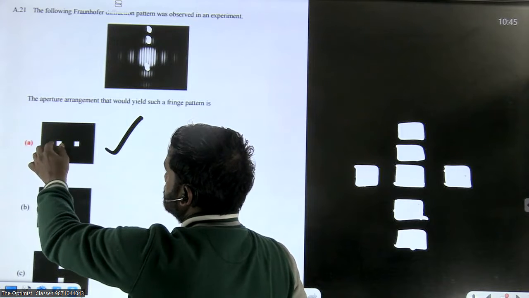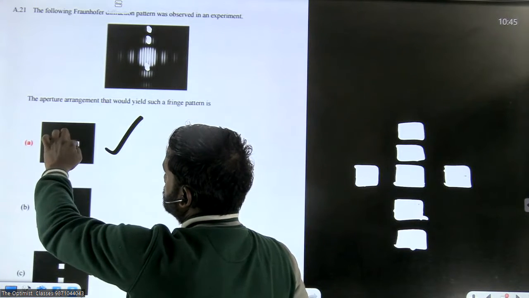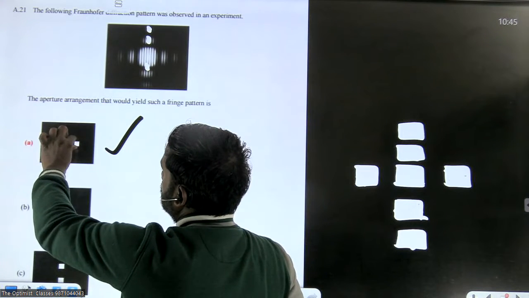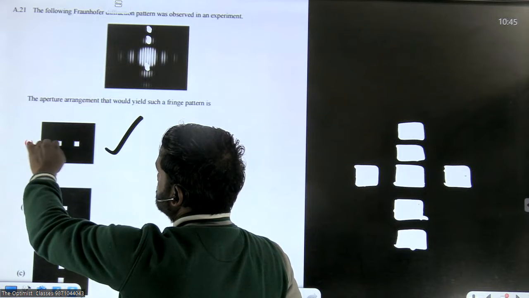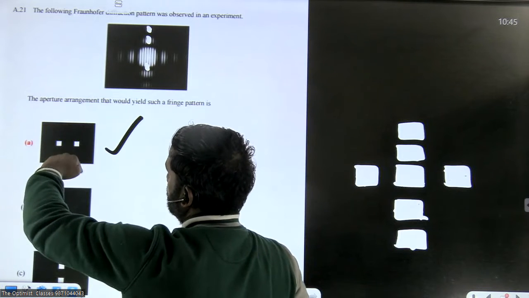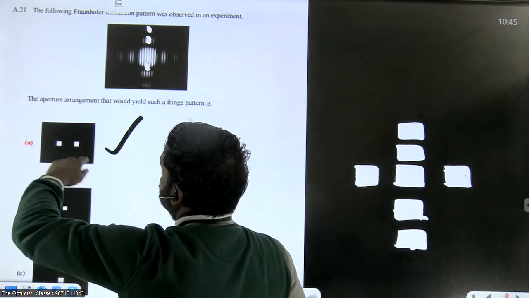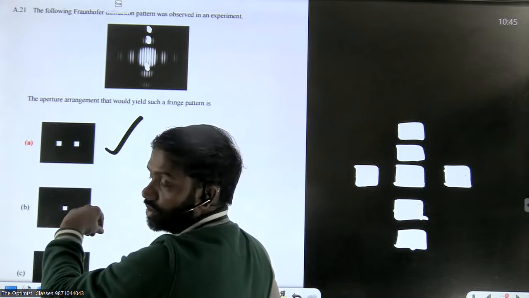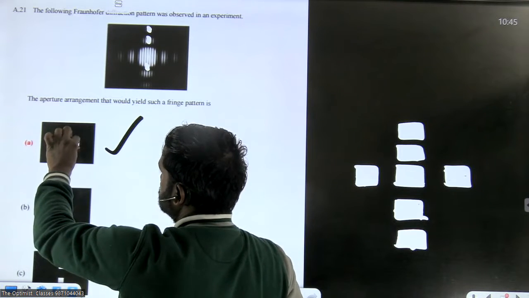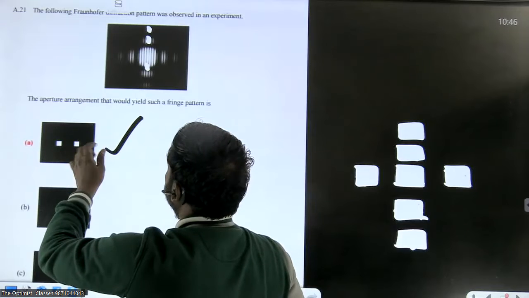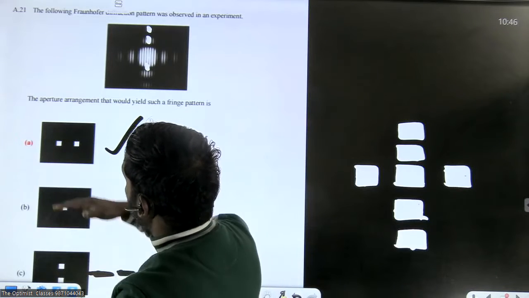in this direction, the dimension of aperture, there are two apertures in the x direction. But in terms of the y direction, there is only one aperture. So diffraction will be more in the y direction, because this side confinement is more, this side confinement is less. So spreading will be more in the y direction.